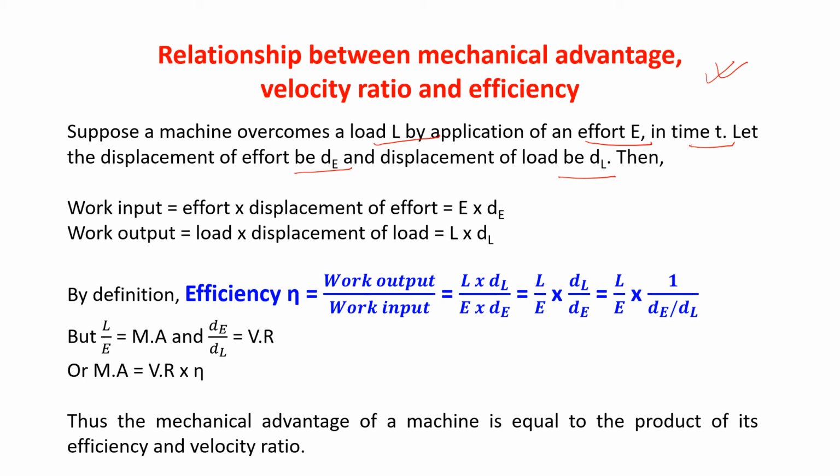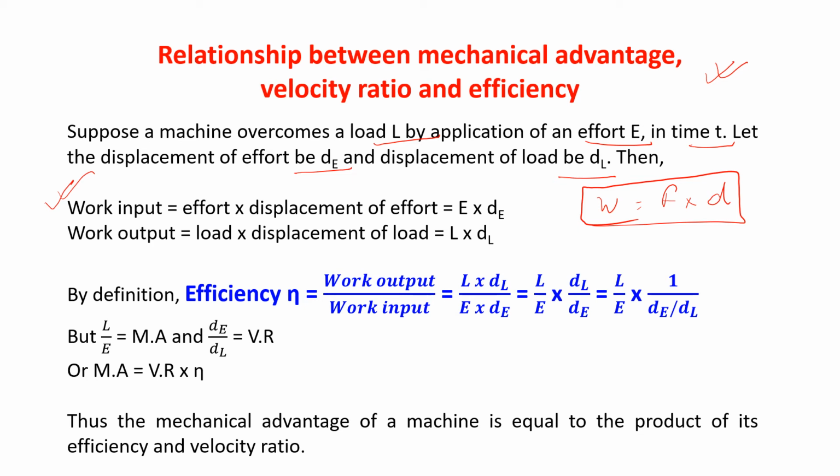Why? Because work is equal to force into displacement, that you have read. Work is equal to force into displacement. So work input is equal to force. Effort is a force. So effort into displacement of effort. And input means it is the effort given on the machine.